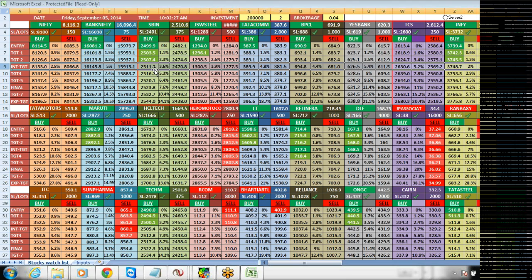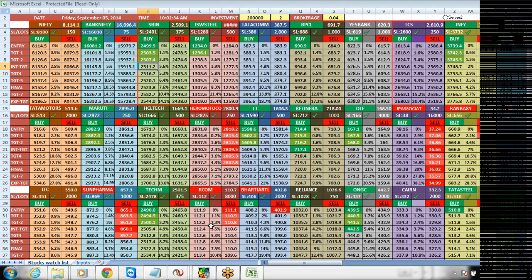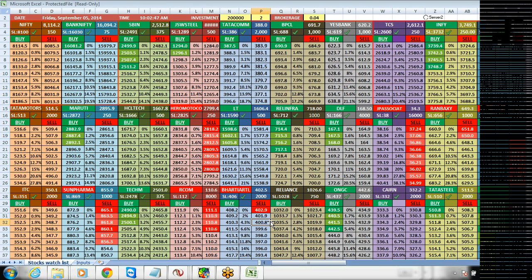So that's roughly around 12 rupees, around 1300 rupees on SBI. RCOM we have a sell call. Bharti we had a sell call, still there. BPCL we have a buy call.